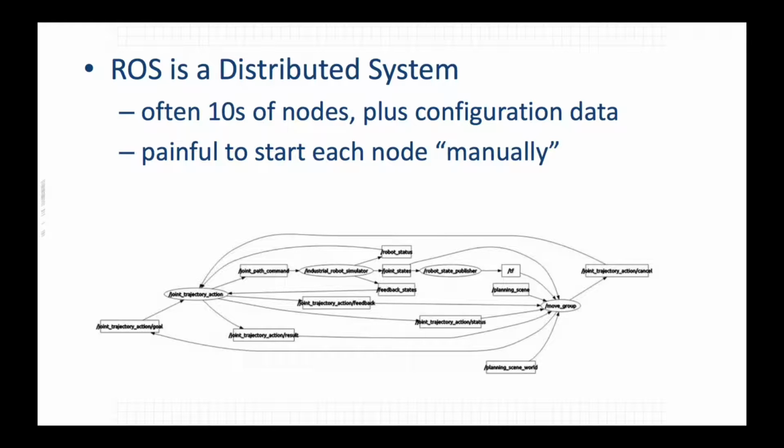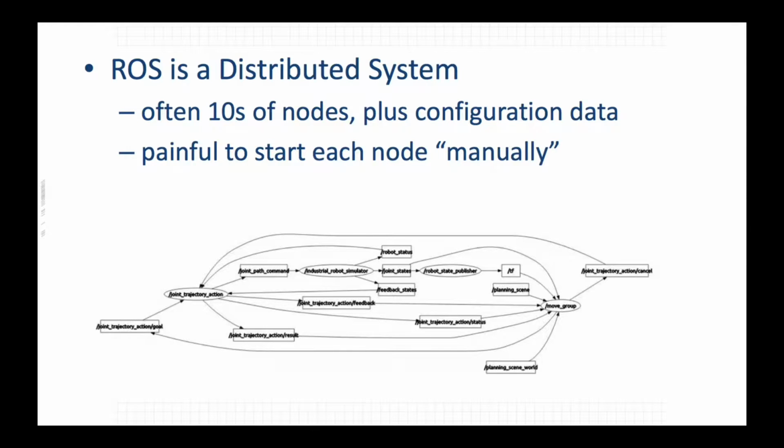So first few messages might not be relevant, or they may get dropped. So our RQT graphs also become very complicated, and the main point is that it becomes quite painful to launch everything manually and remember the order in which things have to be launched.